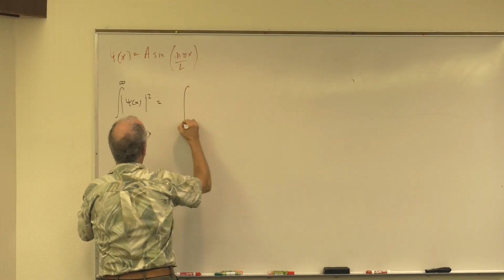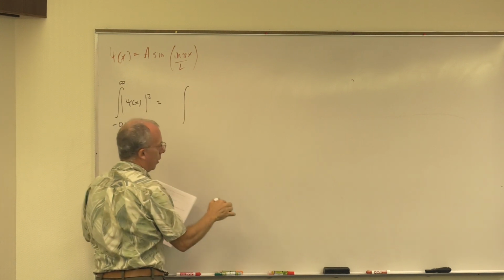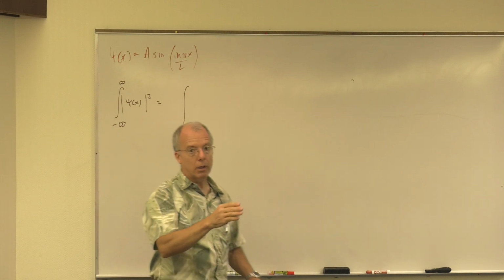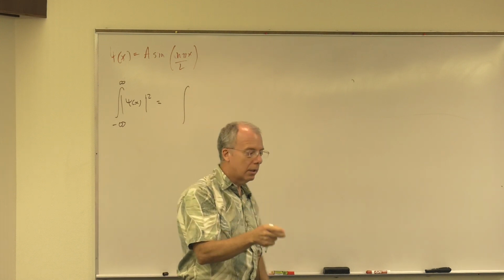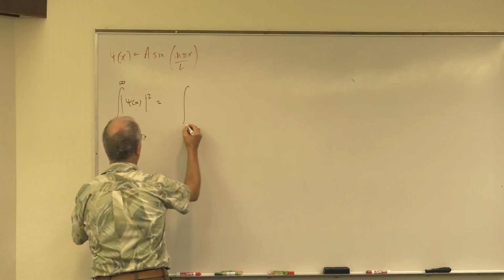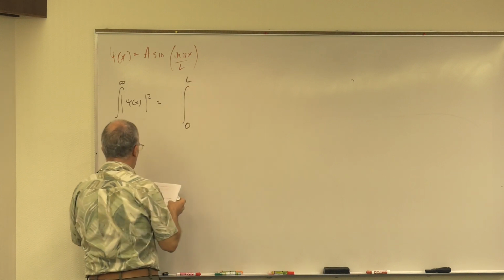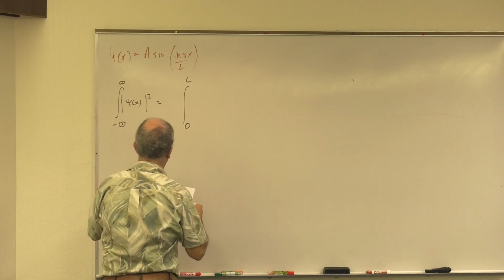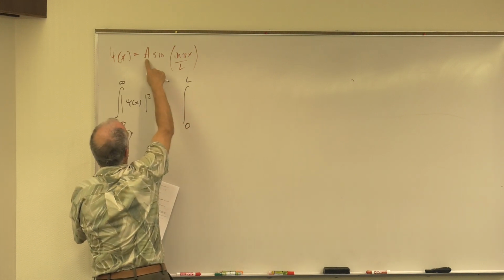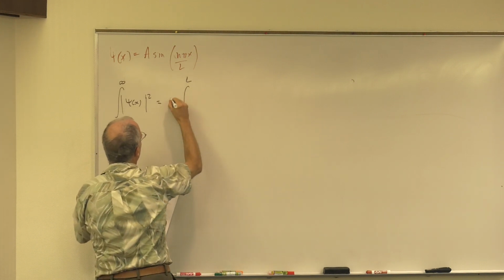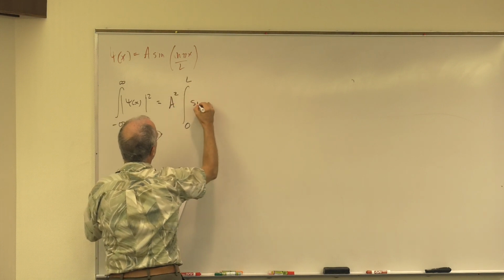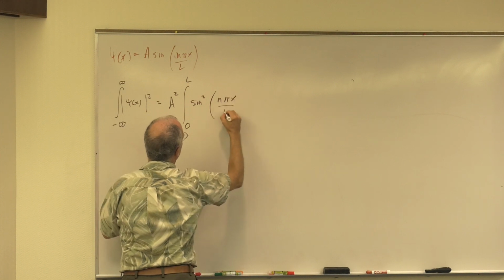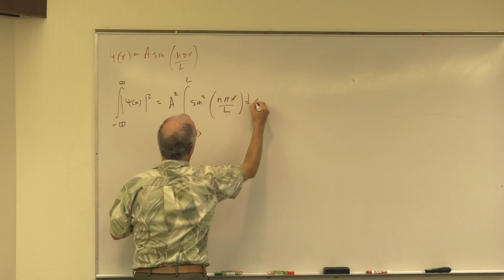Do we really have to go from minus infinity to infinity? No, because the wave function is 0 outside the box. So we just need to go from 0 to L. And then what's the wave function squared? That's that thing squared, so the coefficient pulls outside. We get A squared times the integral of sine squared of n pi x over L dx.